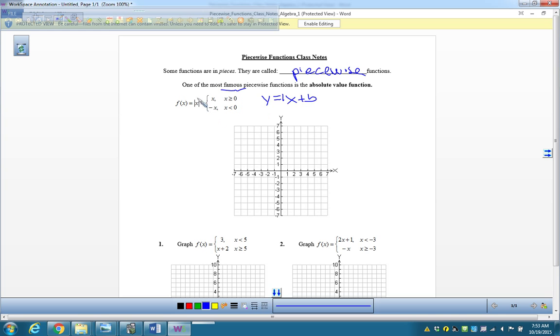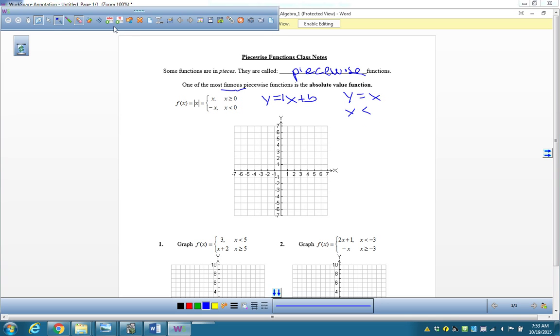So this says, if x is bigger than or equal to 0, I use the function y equals x. And if x is less than 0, I use the function y equals negative x.